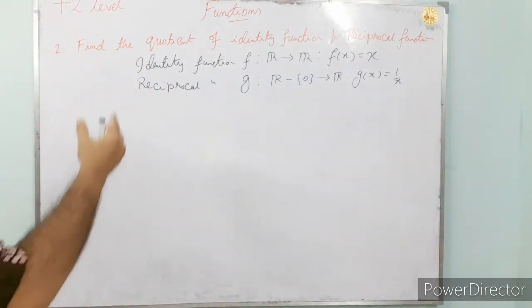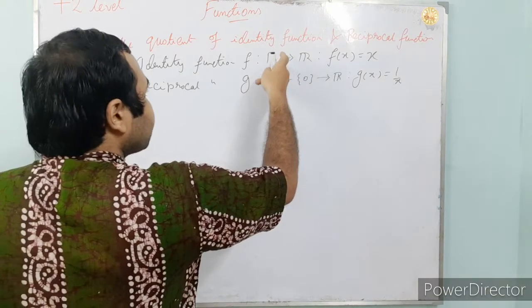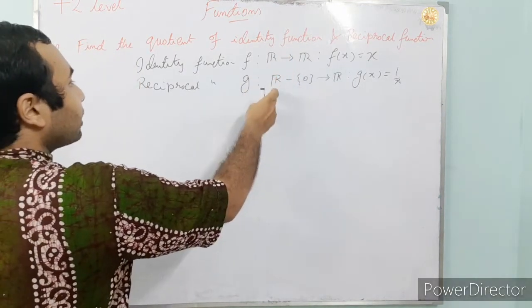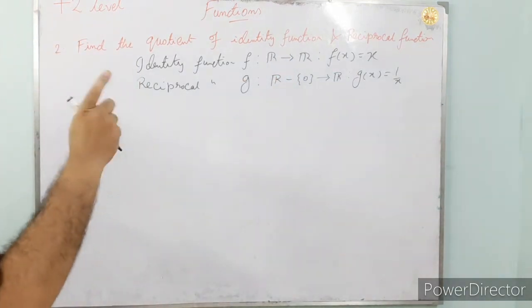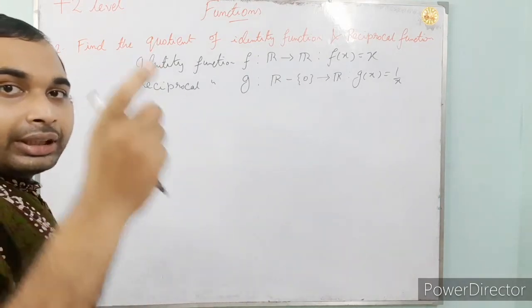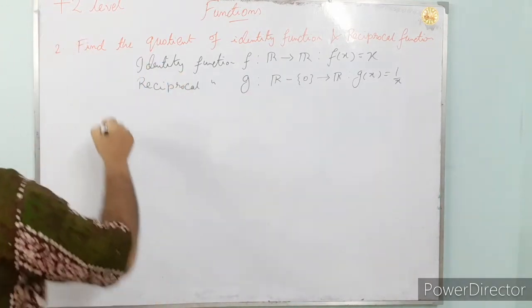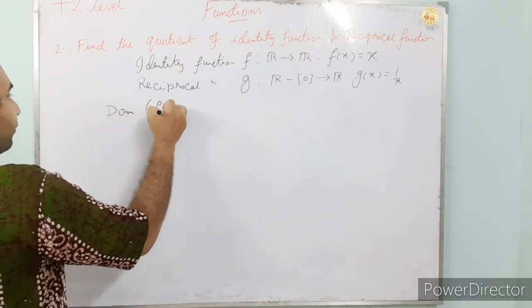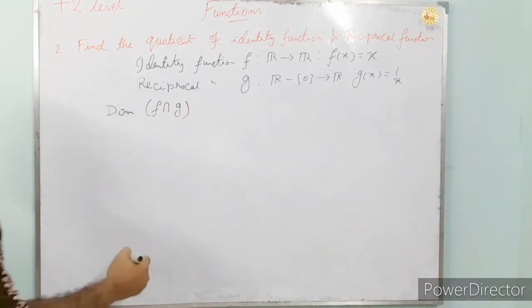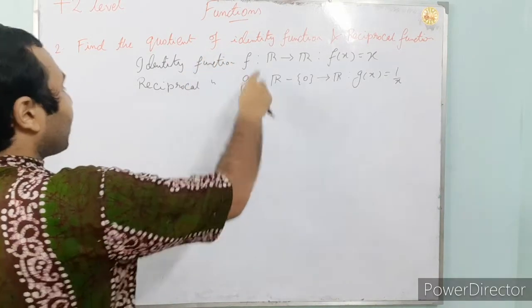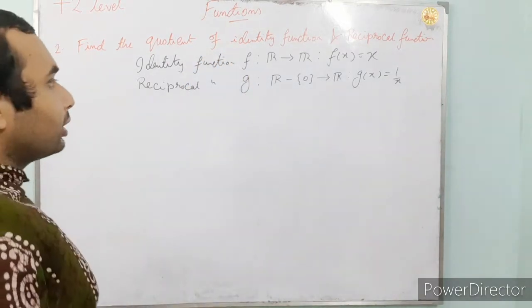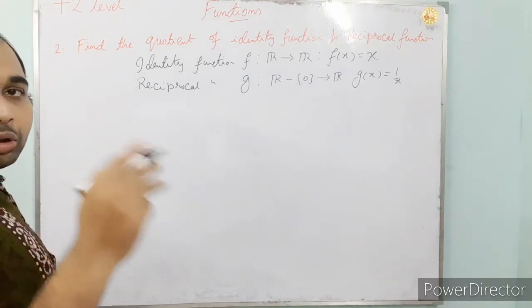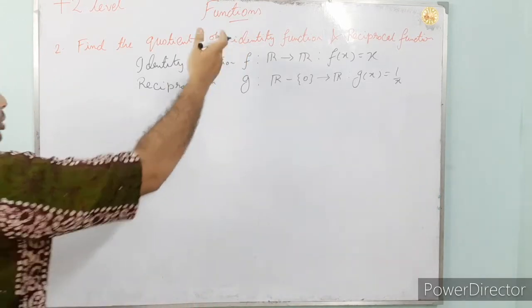Now we have found this. This is the domain of f(x), this is the domain of g(x). Now what will be the domain of f intersection g? Those are the domains of the identity function and reciprocal function respectively. Now what will be the domain of the quotient?